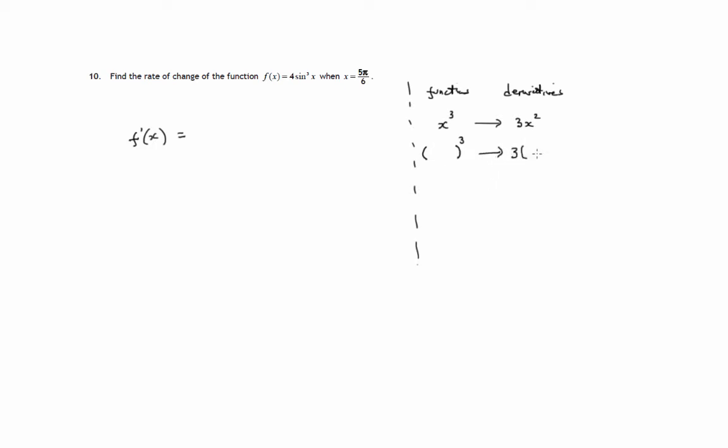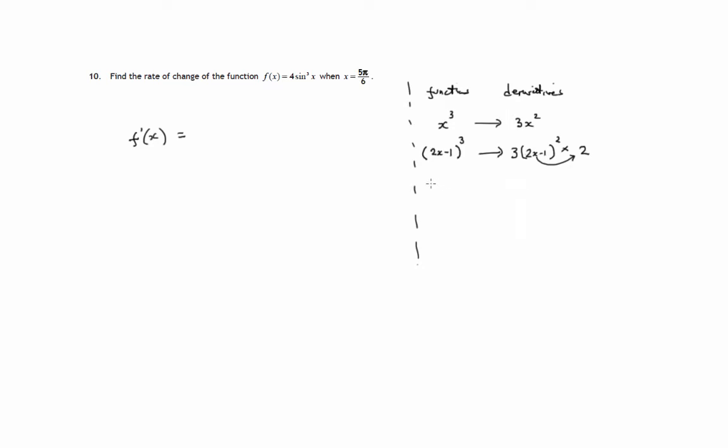The same rule applies, but there's an adjustment. You have to multiply by whatever was in there differentiated. So for instance, if it was 2x minus 1, we would go 3 lots of 2x minus 1 squared, but then we would have to multiply by 2 because that's what we get when we differentiate 2x minus 1.